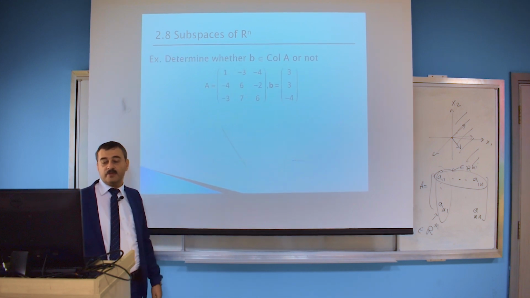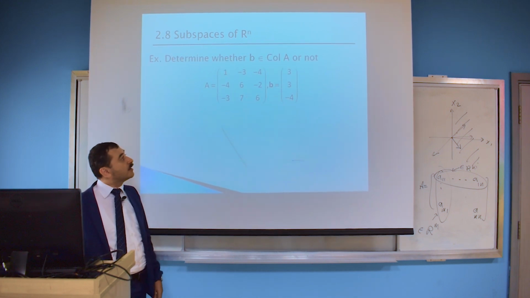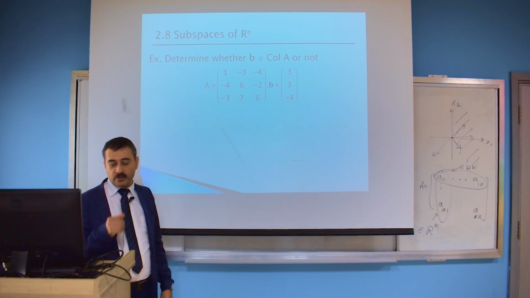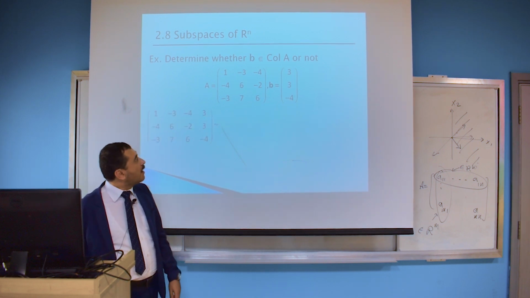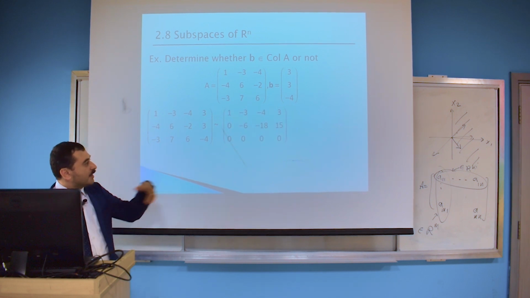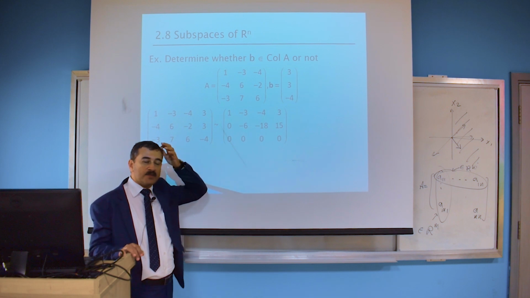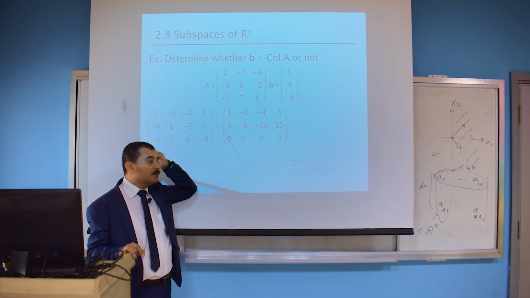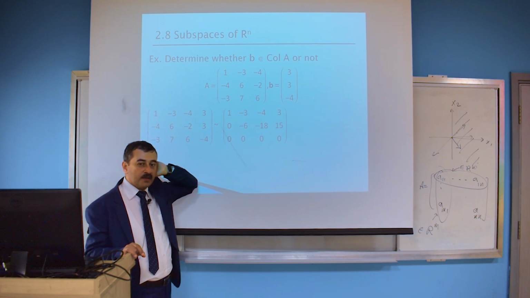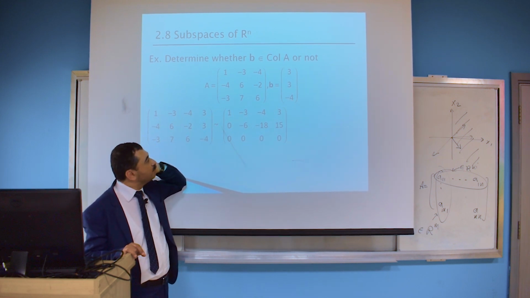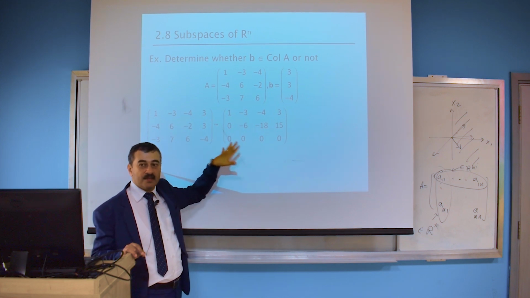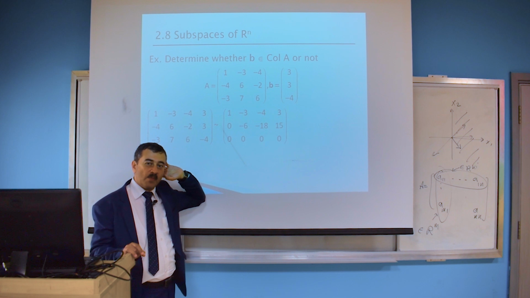So if I ask you to determine if b belongs to the column space of A, as before, you simply do the reduction. Assume that we got this matrix after reduction. Do you have a solution? We have a solution, which means that b belongs to the column space of A. What does the column space represent in this example geometrically?